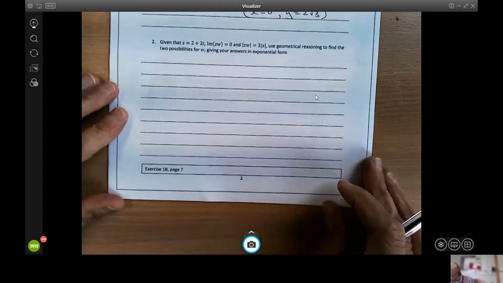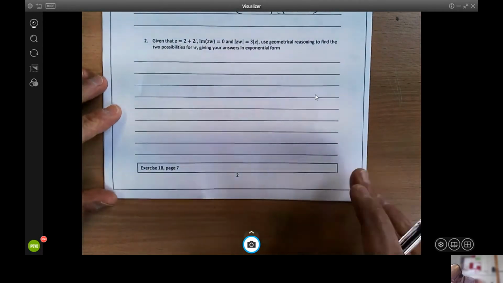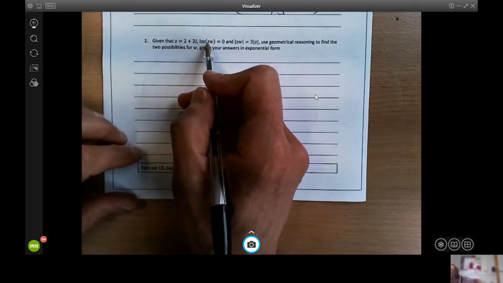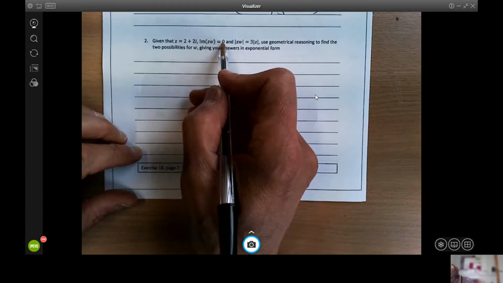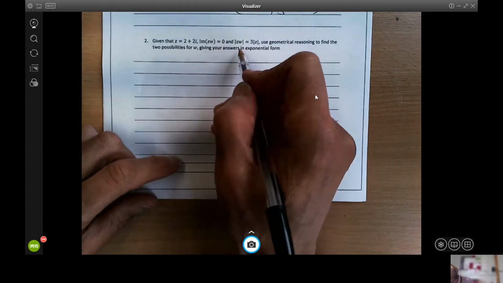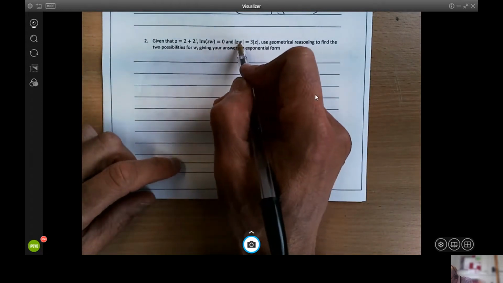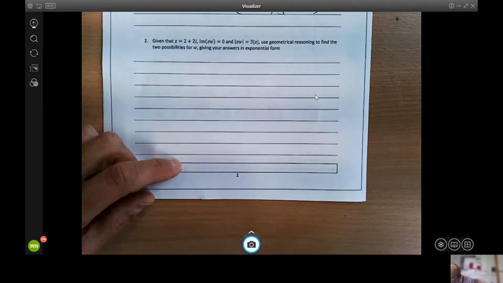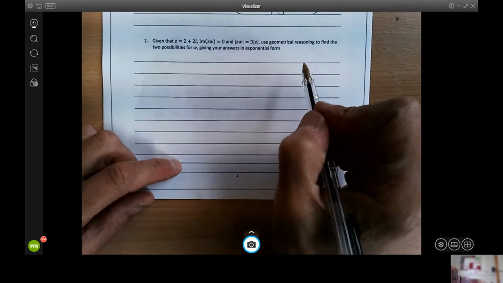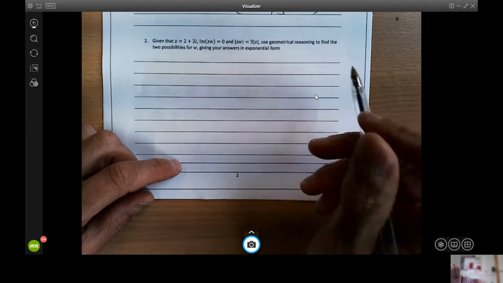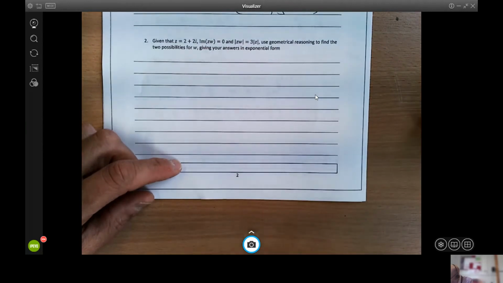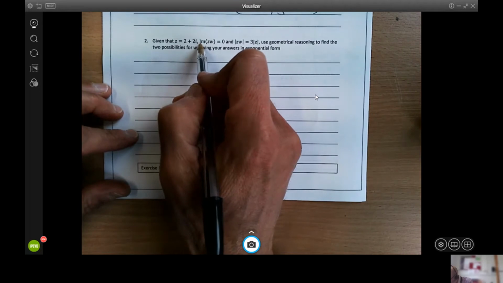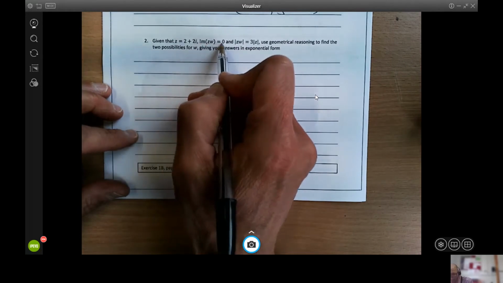Okay, let's look at question 2. Given that z is 2 plus 2i, the imaginary part of zw is 0, and the modulus of zw is 3 times the modulus of z, we want to find two possibilities for w. So the first thing to look at here is the imaginary part of zw equals 0.